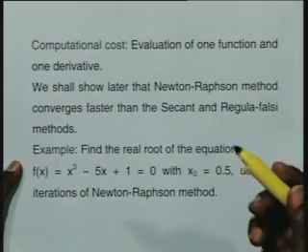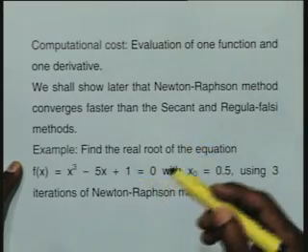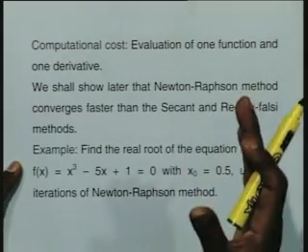Since we get faster convergence, we do not mind if the Newton-Raphson method takes 10 iterations whereas the secant method takes, say, 15 iterations. The secant method will take 15 function evaluations, while this takes 10 iterations but 20 evaluations in total, yet the number of iterations will be much less.